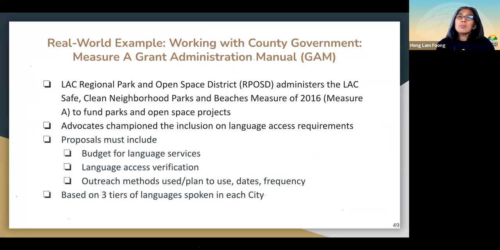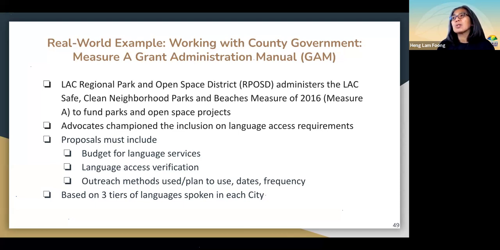This example talks about how all of us can really advocate for county government or funders. Many nonprofits get money from the government and from private foundations and elsewhere to do the work that we do. So how do you convince people who give out money to think about language access? In this case, it is with the LA County Regional Park and Open Space District, RPOSD.